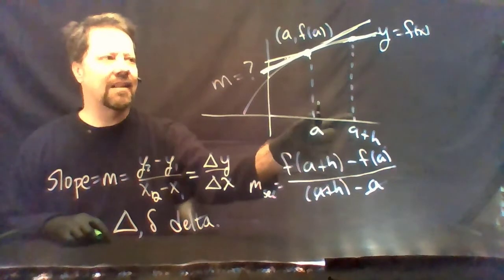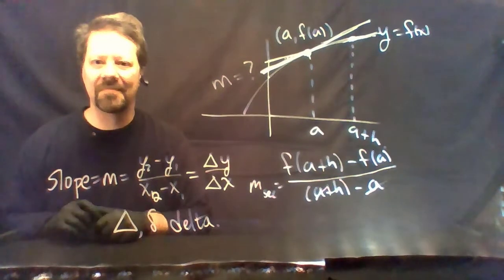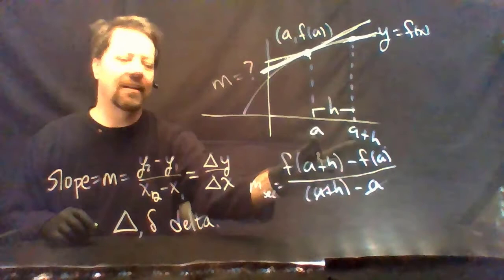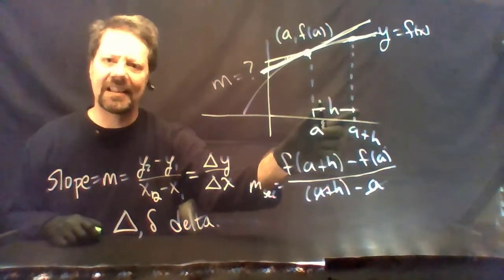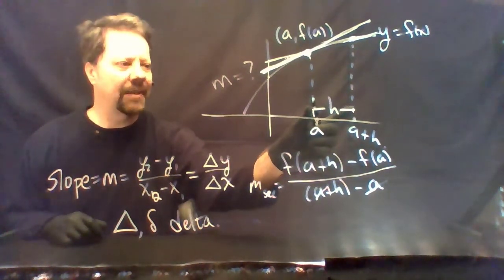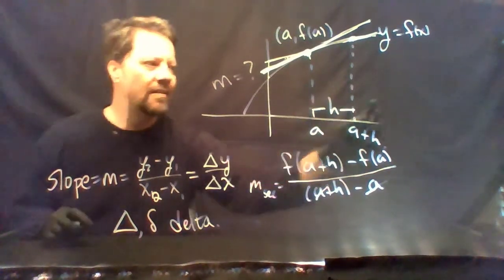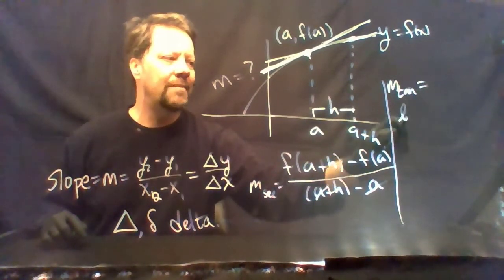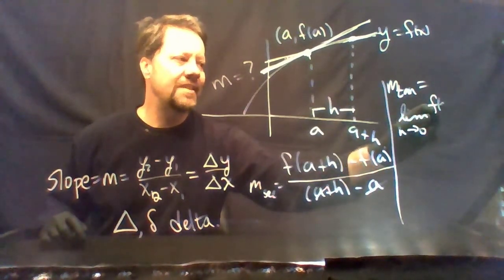How can we leverage our knowledge of the slope of the secant lines to give us the slope of the tangent line? Well, the idea there is we have a gap of h units between A and A plus h. What we'll do is we'll take a limit. We'll have to understand limits to be able to do this, but we'll take a limit as this h gets smaller and smaller, as h goes to 0. So the slope of the tangent line will be equal to the limit as h goes to 0 of the slope of the secant line.